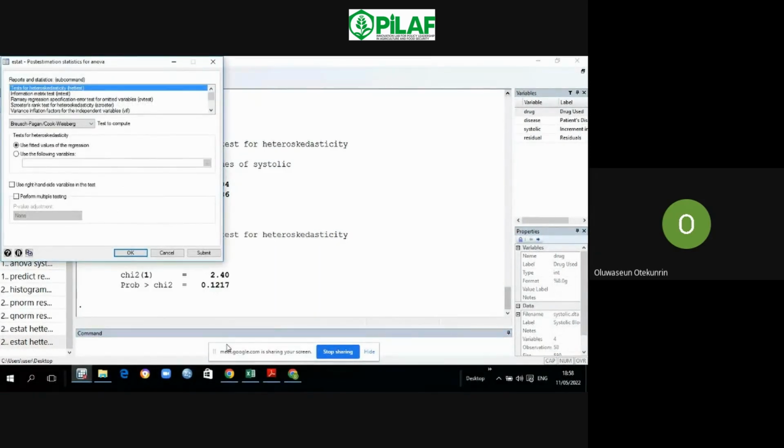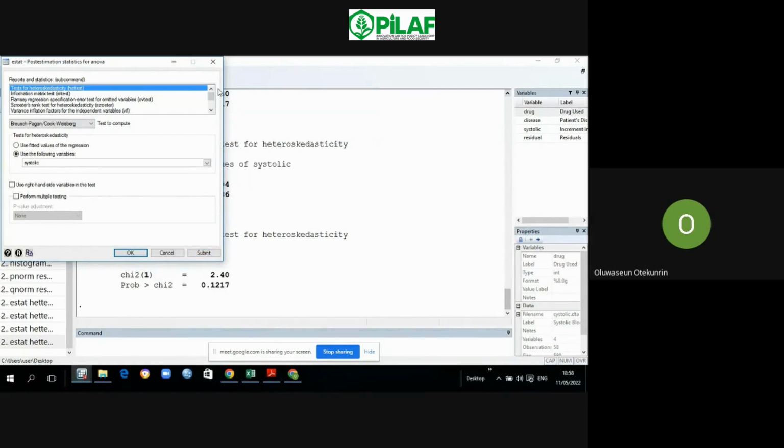You see the window coming out. Under that, you see test for heteroscedasticity. You have Breusch-Pagan, Cook-Weisberg. If you choose fitted values, just as we did the other time, you submit, you get your results. If you choose the specific variable, systolic, then you submit. So you get the same result.